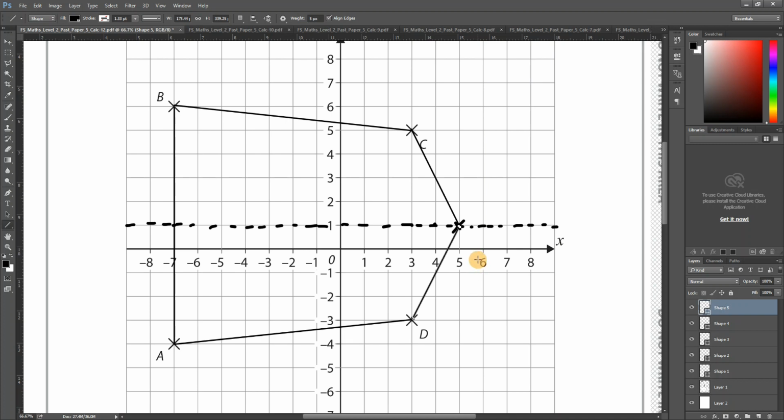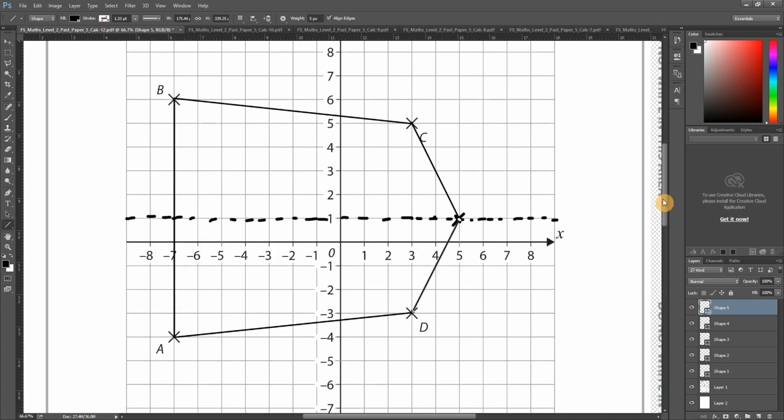So you could have put the point anywhere along this line here, up to the 8, really. So I'd say you could put it on the 4, the 5, 6, 7, and 8 on that dotted line. That would be absolutely fine. So there's quite a few solutions for that. Just make sure that the line of symmetry is running through the center like that.